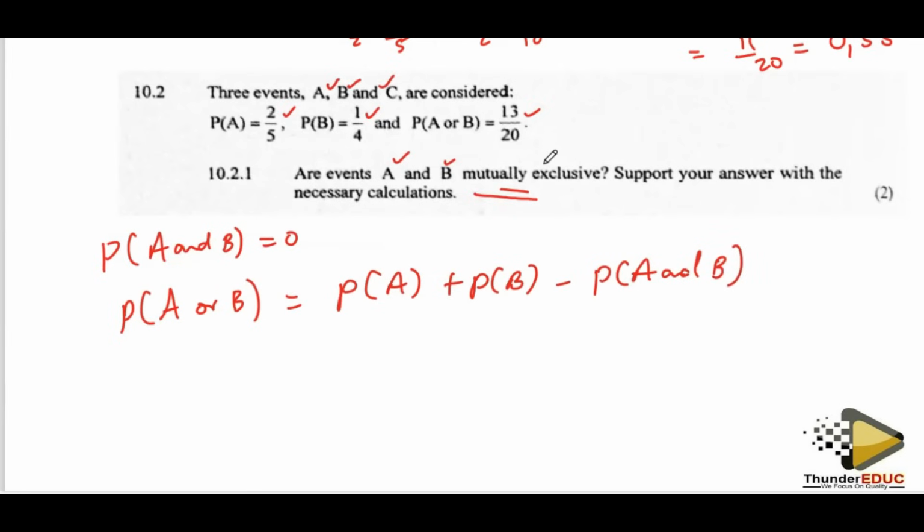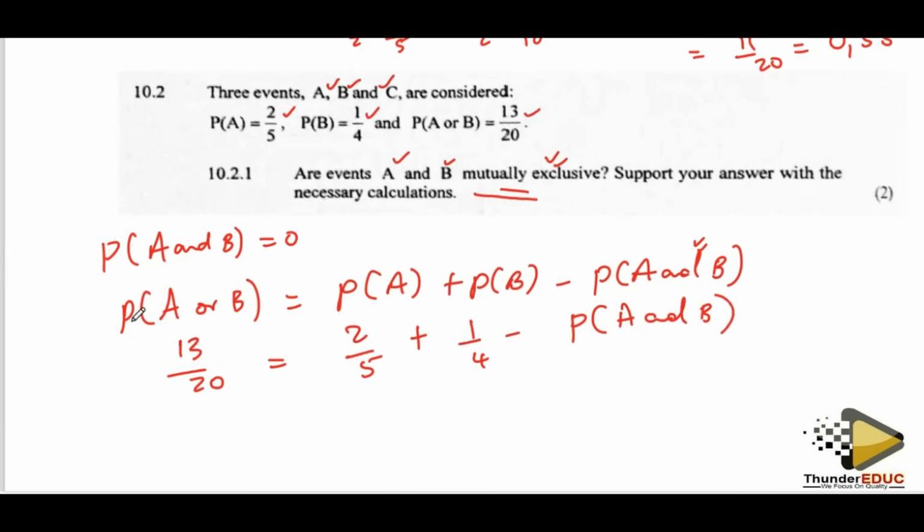So for us to come to a conclusion that they are either mutually exclusive or not, we need to solve for the probability of A and B. So probability of A or B told us that is 13 over 20. Probability of A is 2 over 5 plus probability of B is 1 over 4 minus A and B. Okay.